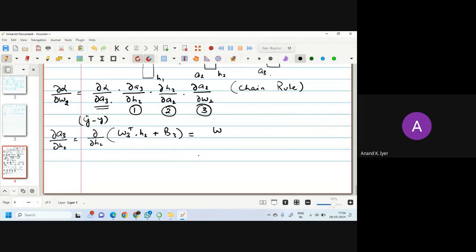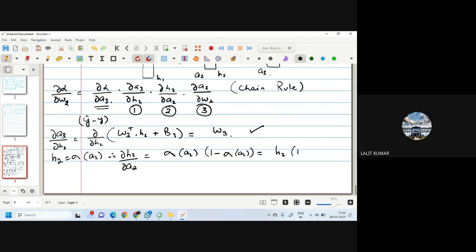So here we get W3. H2 is equal to sigma of A2. Therefore, del H2 by del A2 is equal to sigma of A2 into 1 minus sigma of A2. This becomes H2 into 1 minus H2.